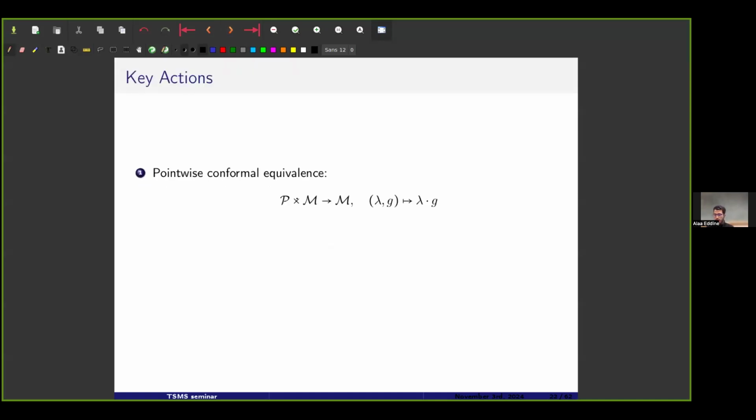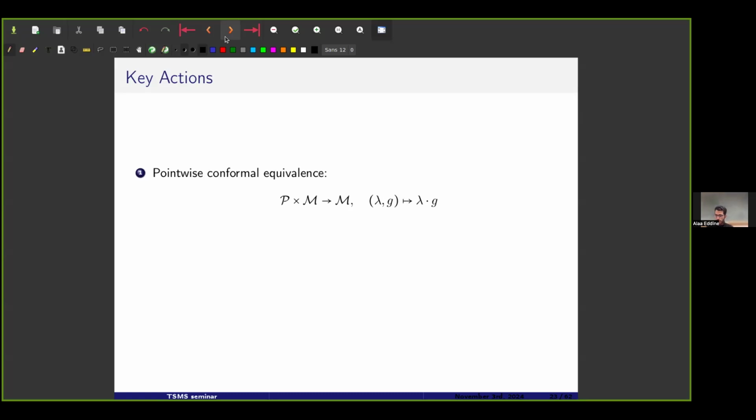First of all, we said that we want to identify two metrics if they are conformal to each other. So we have the action of the group of positive functions on the space of metrics. You just multiply the metric. So we want to take the quotient by this. But also we want to identify two complex structures or two conformal classes if there exists a diffeomorphism that takes one to the other.